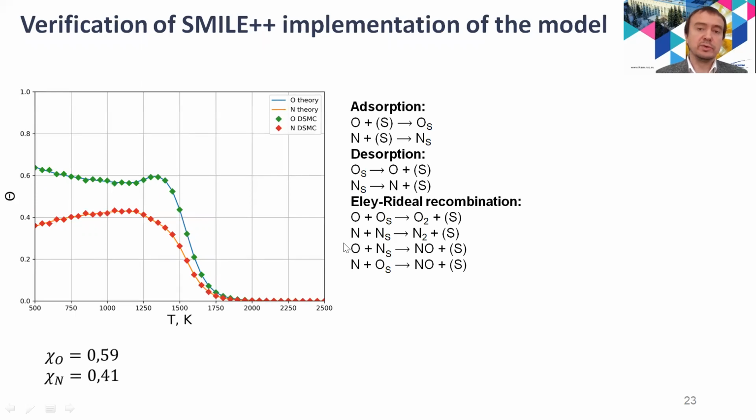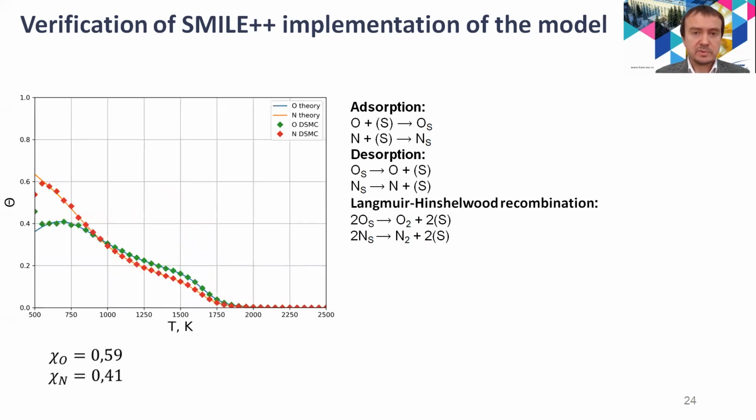And also now we include the reactions which result in production of NO, and again we see a very good agreement. Then we tried the Langmuir-Hinshelwood recombination, only the first 2 reactions.